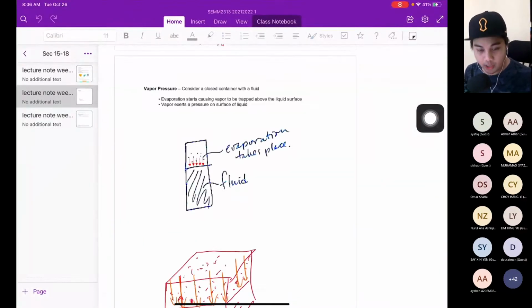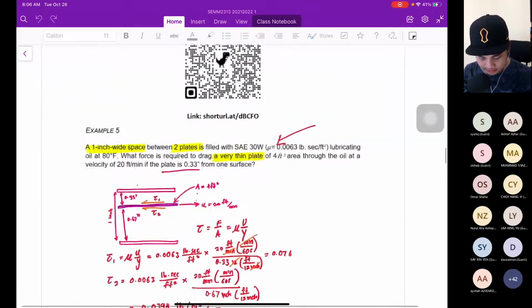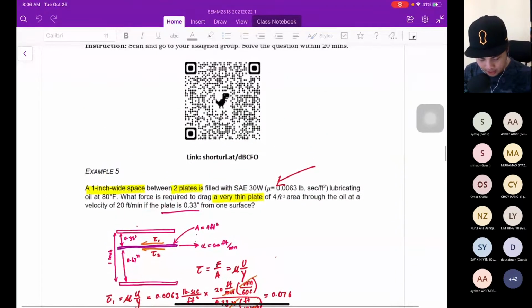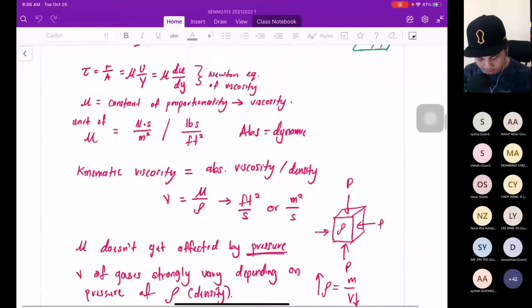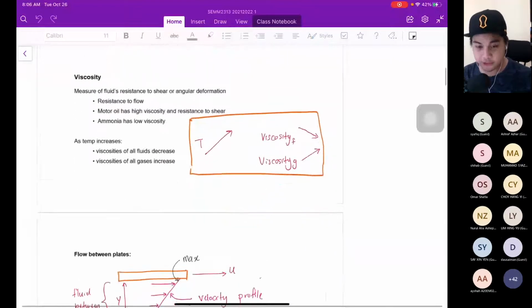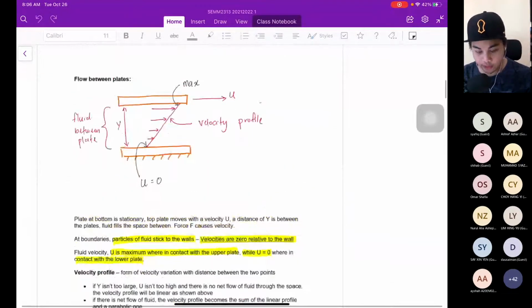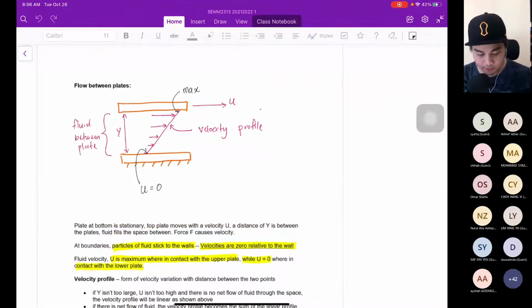So just recap, what have we learned during our last class? During our last class, we learned about viscosity. All right. So we try to calculate the viscosity for the flow between two plates.